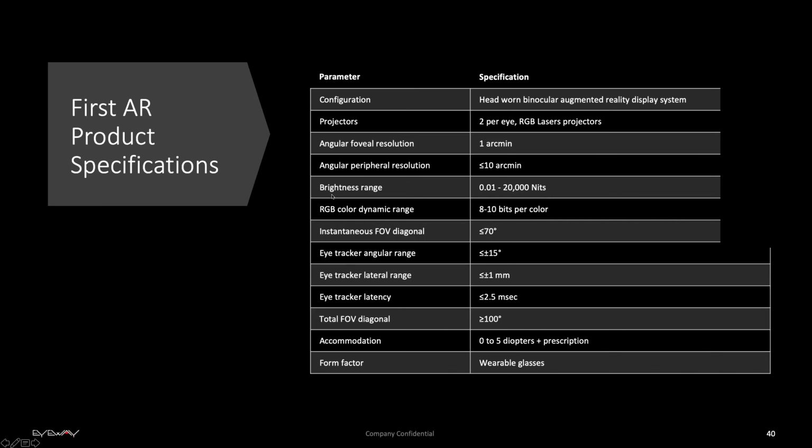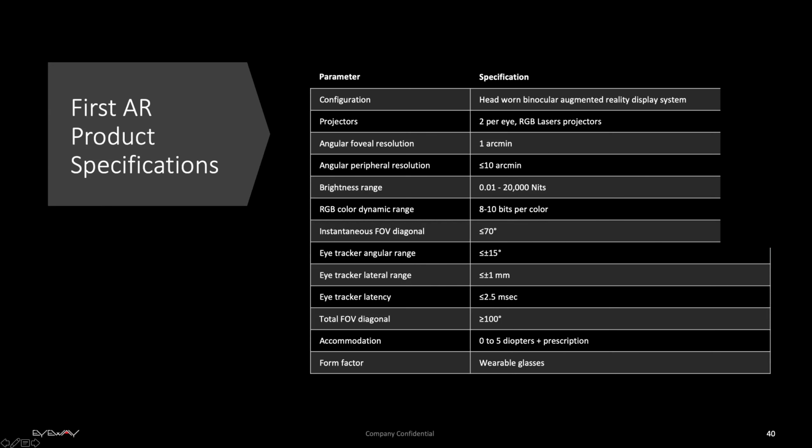The instantaneous field of view diagonal would be around 70 degrees. And since we have an eye tracker with another plus or minus 15 or 30 degree cone, we're talking about 100 degrees overall field of view. Now the displacements of the headset should be less than or around 1 millimeter.